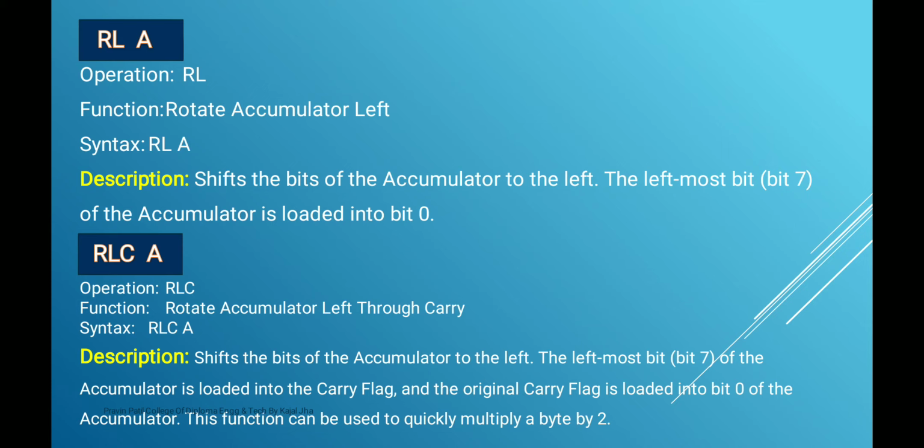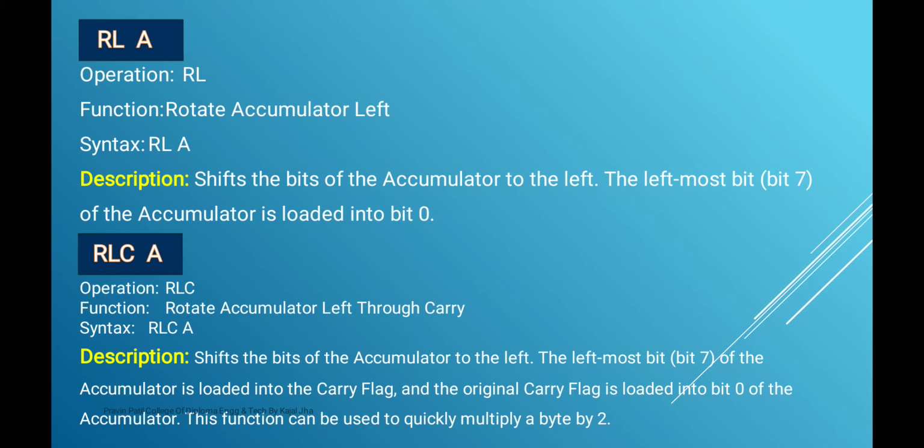The 8 bits in the accumulator are rotated by 1 bit towards the left. Bit 7 goes to the bit 0 position. This is nothing but the rotate left operation.